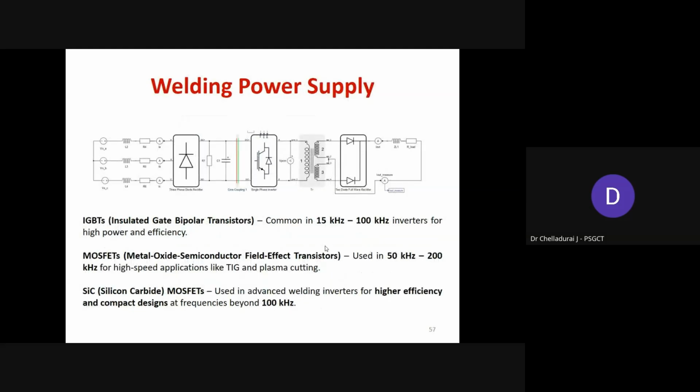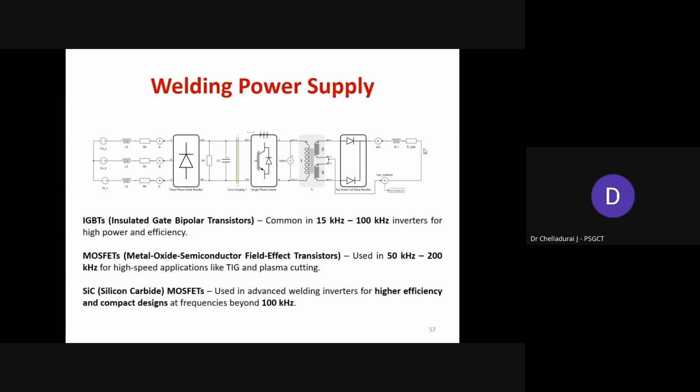Then another interesting application is welding power supply. In welding power supply, the basic requirement is very low DC voltage magnitude with very high current requirement. So to get very low voltage and high current loads, conventional welding power supply uses a transformer.